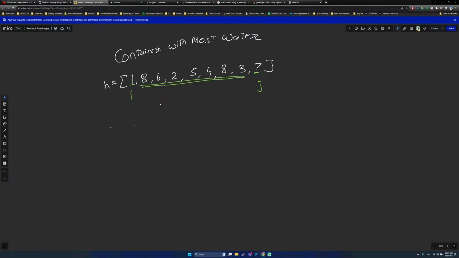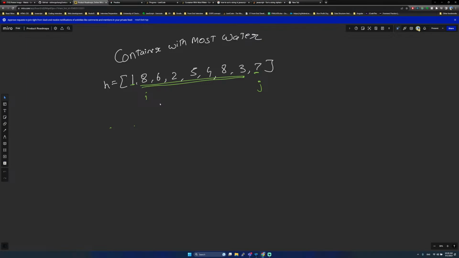Whichever is the smallest, we take that and increment that pointer to the next. Now we check which is the smallest, and 7 is the smallest.